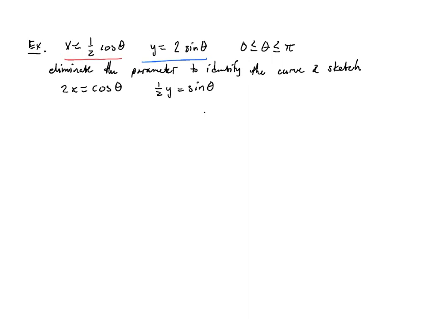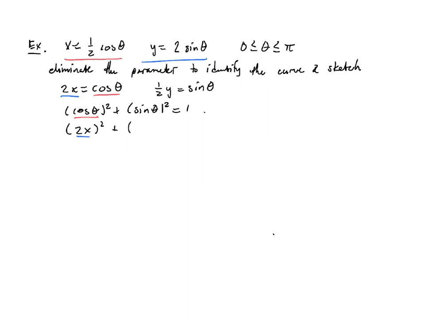And so my Pythagorean relation, cosine theta squared plus sine theta squared equals 1, translates to 2x squared. Notice what I'm doing is taking the cosine that I see here. It's equal to 2x, so I can substitute it into the equation.